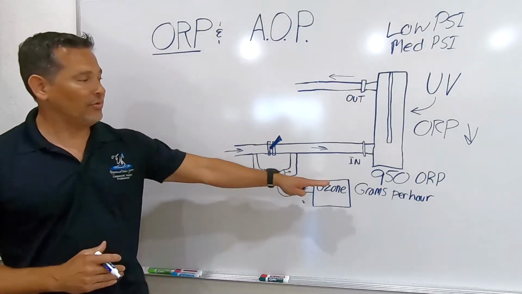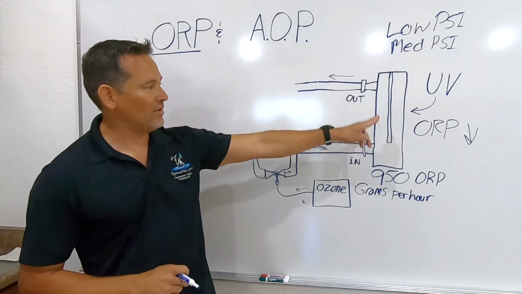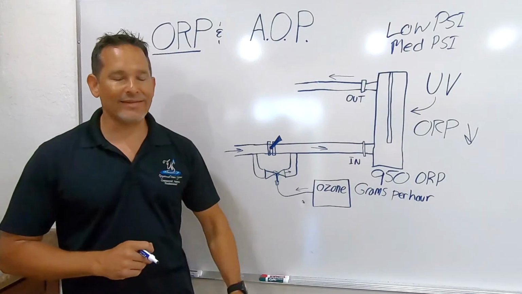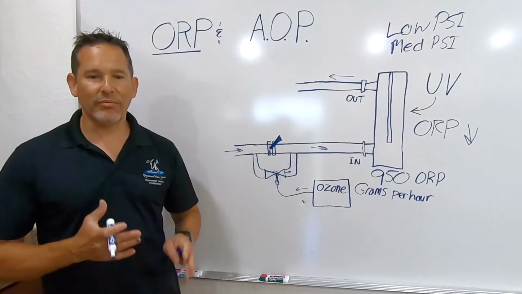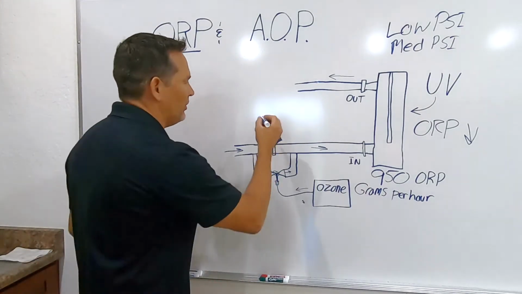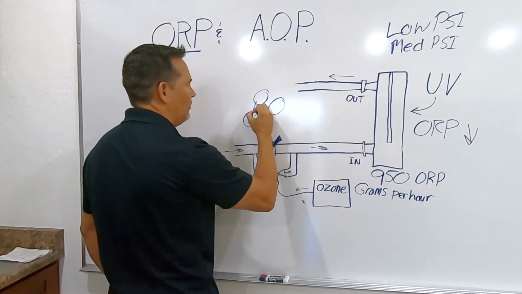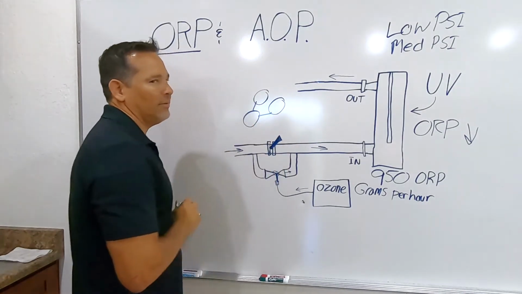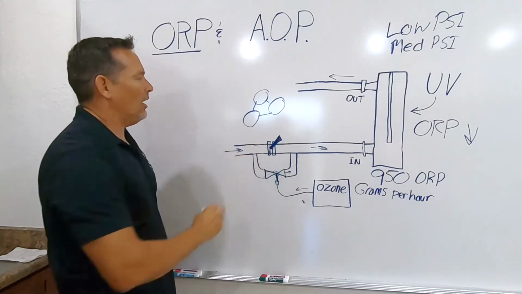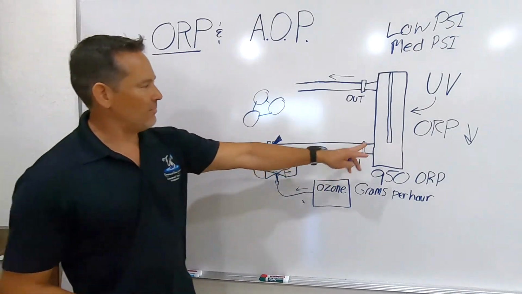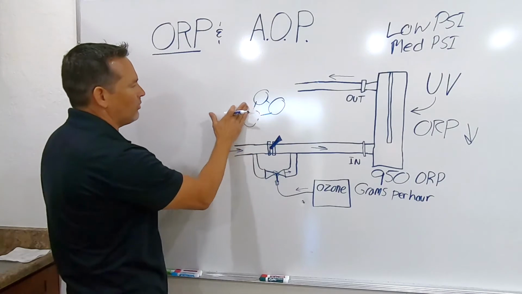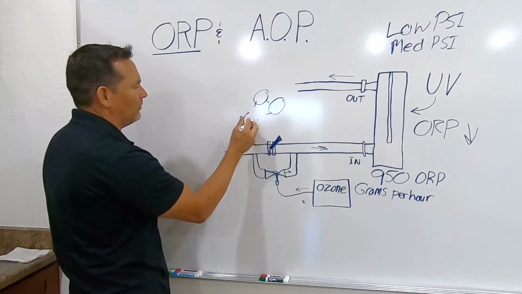After it passes through this chamber, what happens is a UV lamp actually breaks down that ozone. So it's going to break off. And ozone, just so you know, is 3 oxygen molecules bound together. Okay? So these 3 oxygen molecules, what happens is it comes through that chamber, it breaks off one of those molecules. Okay?